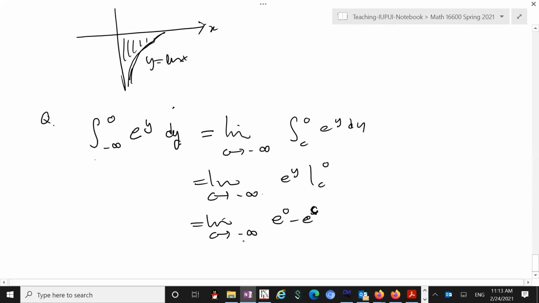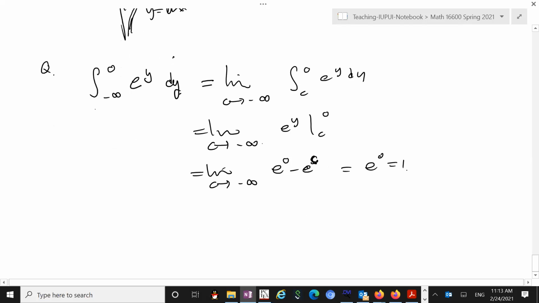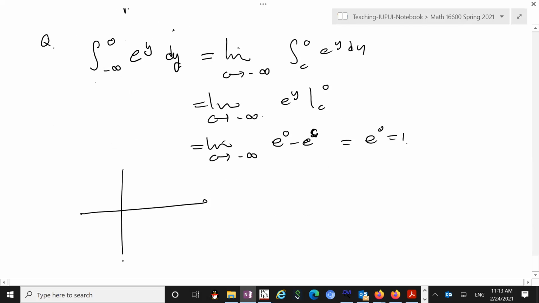Since c approaches negative infinity, e to the c approaches 0, so that's e to the 0, which is 1. The reason I got 1 is not a surprise. We're talking about the area, right? This is y equals natural log of x, so the area of this region is going to be 1.